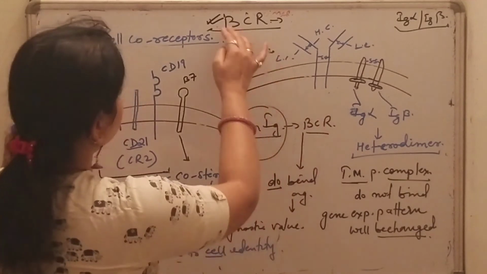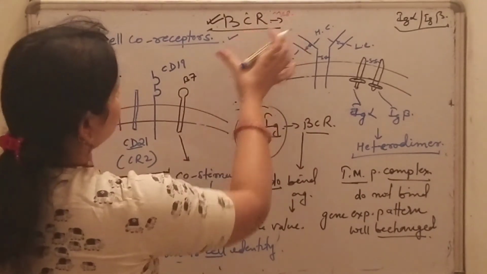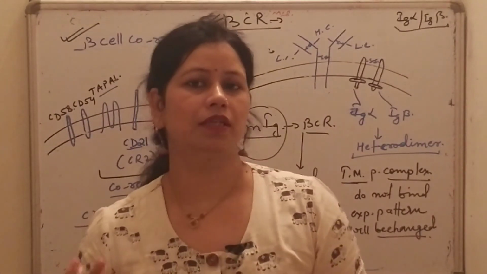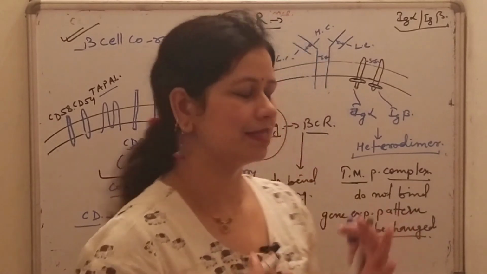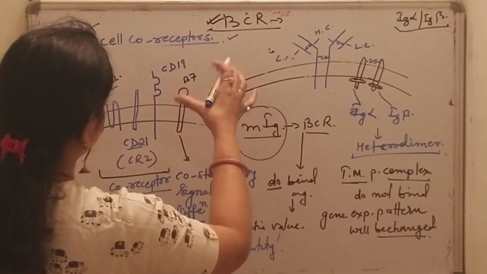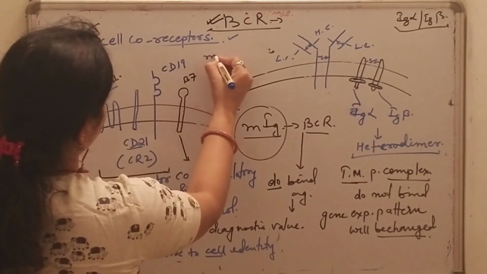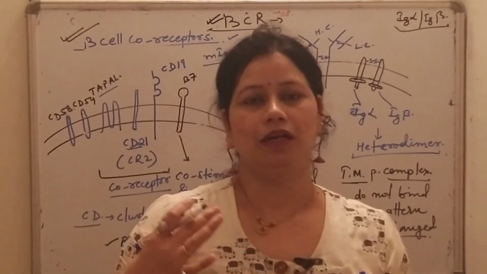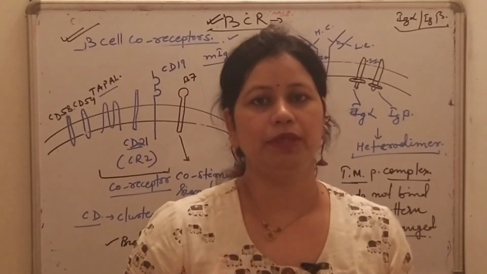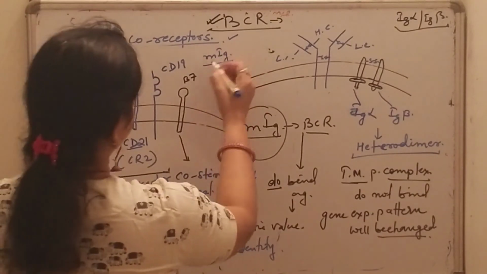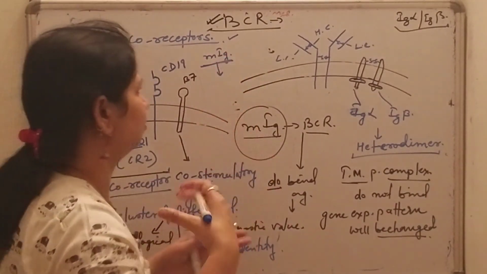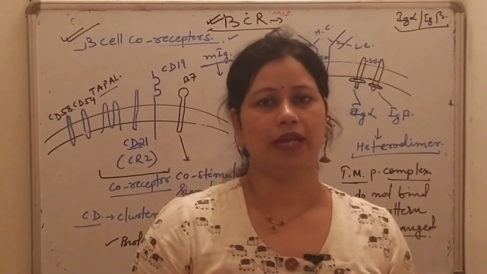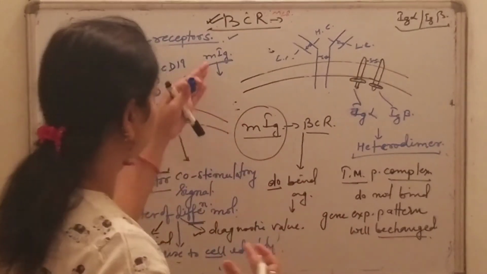Okay, so this is all about the B cell receptors along with the co-receptors. Now I think it's clear to you what is the meaning of B cell receptor. It is composed of membrane immunoglobulin molecule which is associated with immunoglobulin alpha and immunoglobulin beta, that is the heterodimer molecule, and this membrane immunoglobulin binds with the antigen and is responsible to initiate the immune response or antibody response against this particular specific antigen.